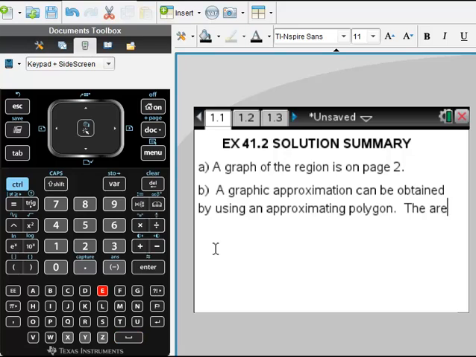The area of this polygon is about, okay, we don't need 3 digits here, we'll still call it 8.1 square units. And I suppose we can say here, C, page 3.